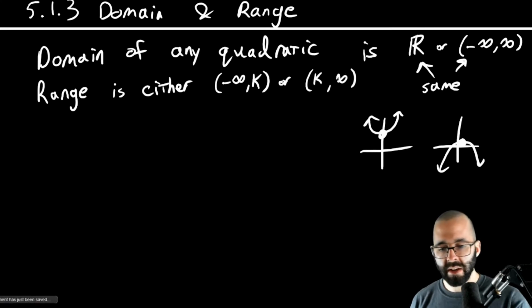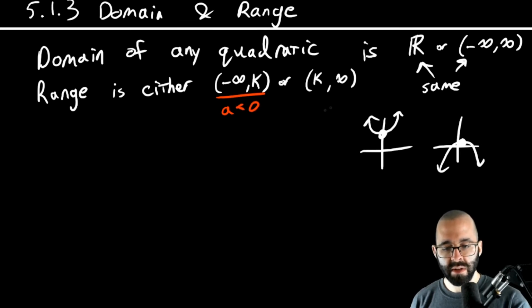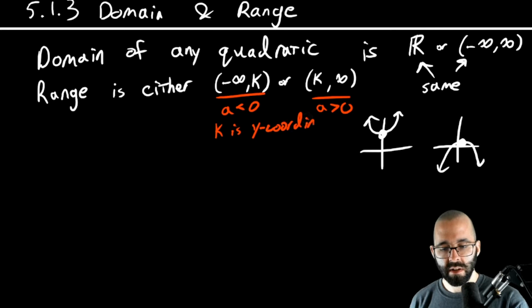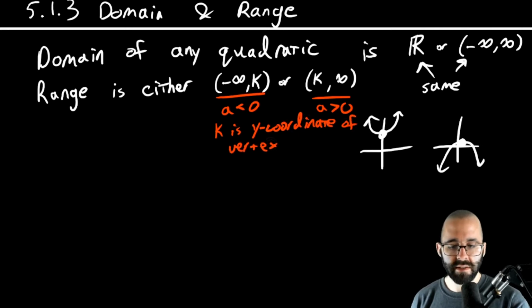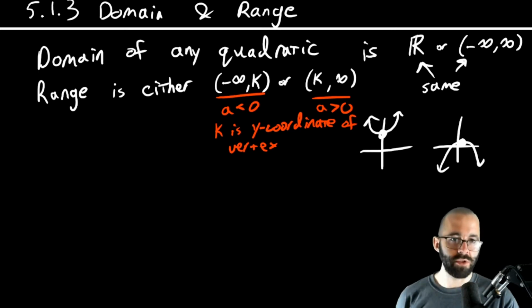This is going to be for if it's opening down, and this is going to be if it's opening up. And the k is the y-coordinate of the vertex. So as long as we know the vertex, we can find the range no problem.